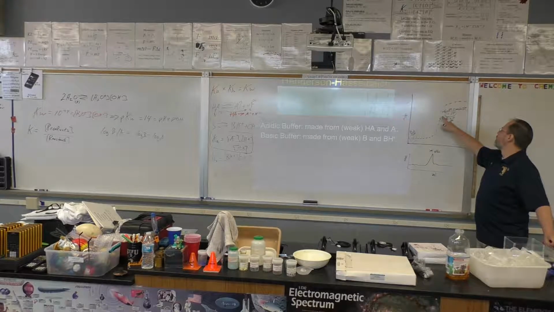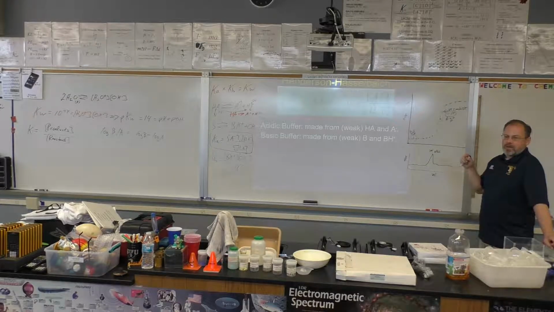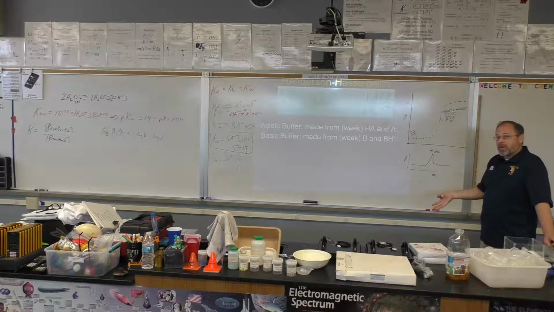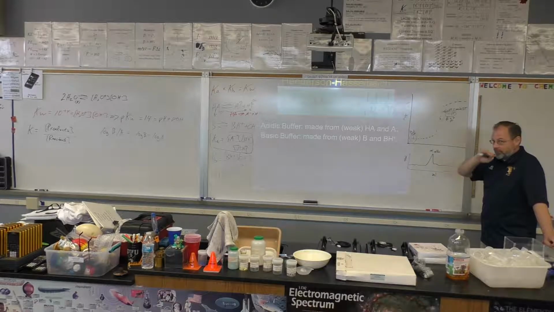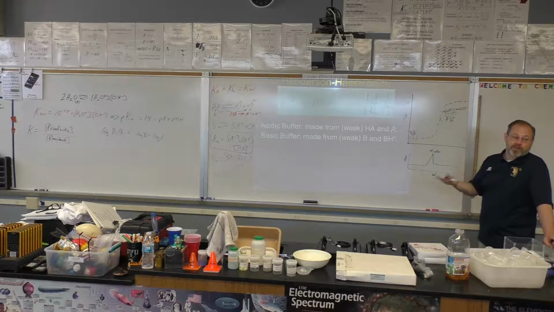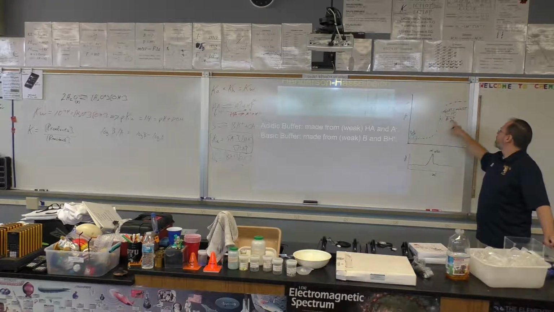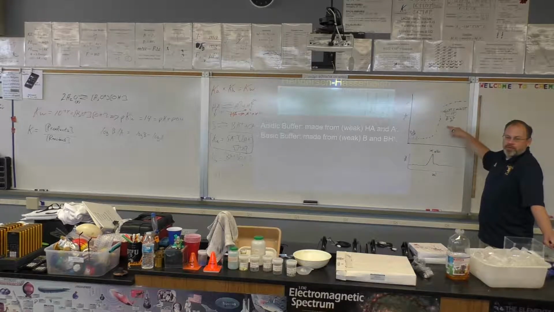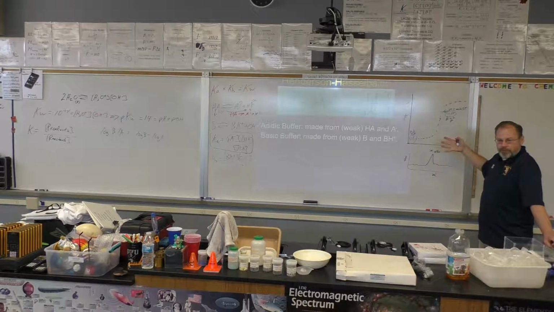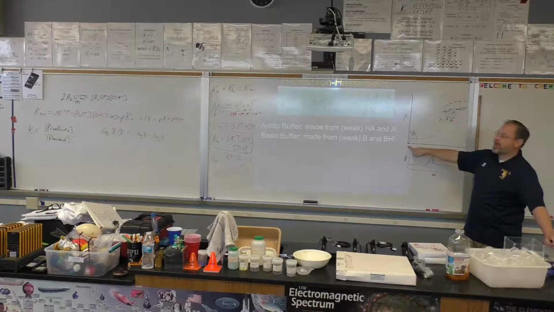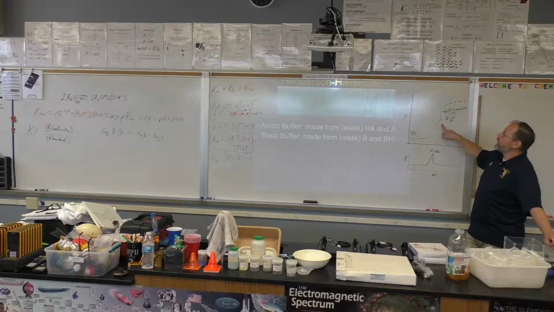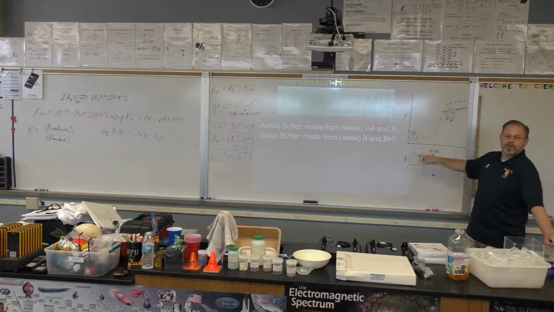And when I say no HA, I really mean there's a few HA, but mostly not much. Okay? This is the nature of weak acids. You can't say all and none, you just say mostly none and mostly all. Mostly all HA, mostly no HA at the equivalence point. Okay, so far so good? So if there's mostly all HA here and mostly no HA here, what do you have between those two points?